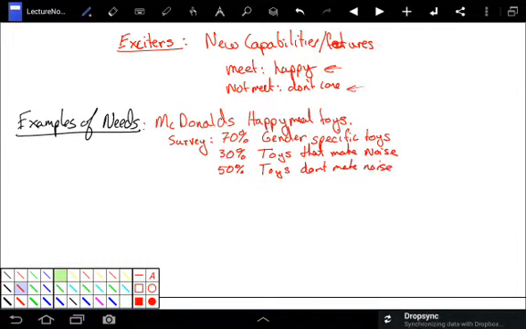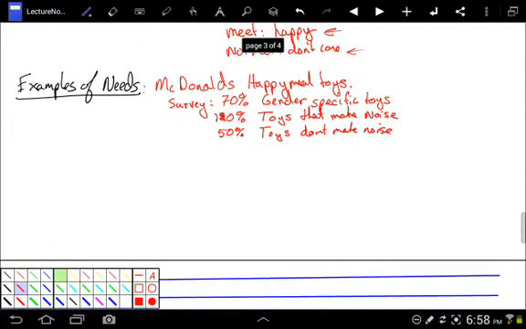This might actually be lower than that: 10% want toys that make noise, 50% want toys that don't make noise. If you want to find out some more information, so you interview some people, and you find out that a parent's primary concern is that their children do not choke.